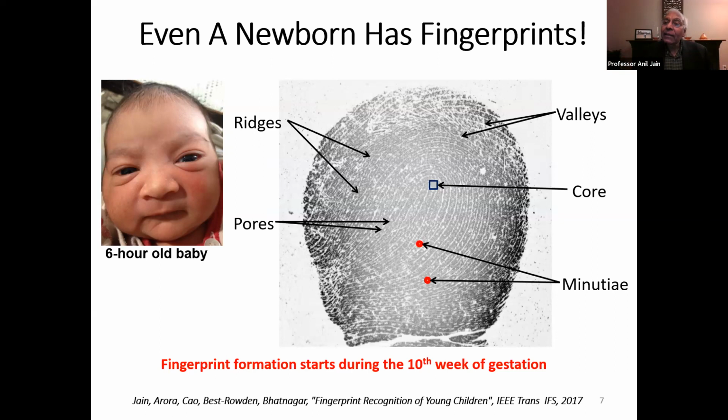So the earliest age at which we can recognize a child is about 3 months. But that's an area where we have been investigating, because in many of the least developed countries, there's a need to have an infant identification system to ensure that they are getting the proper nutrition and the proper vaccination at the right time. Next slide.